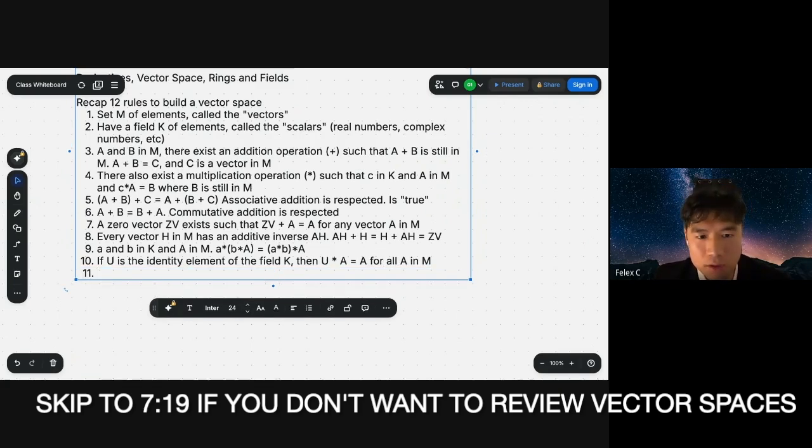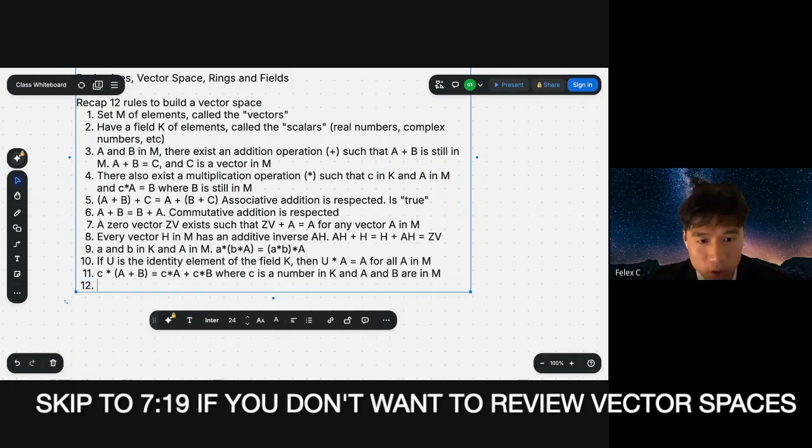Two more. So the distributive property holds for adding vectors. So C times A plus B is equal to C times A plus C times B, where C is a number in K, or a scalar in K, and A and B are in M, they're just vectors.